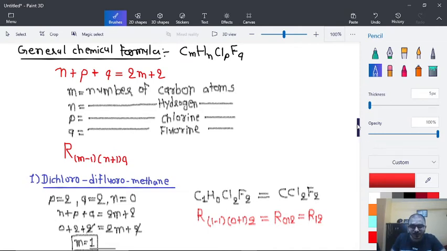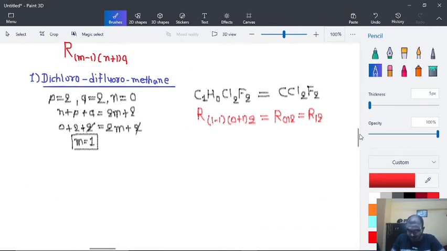Okay, so we are done with this. Now let's move forward with our next example, that is second example.